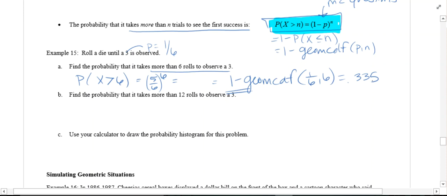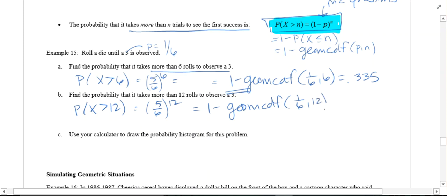All right, and then find the probability it takes more than 12 rolls to observe a 3. Okay, so very same thing. If it's going to take more than 12 rolls, I must have had 12 failures. So it's going to be 5/6 to the 12th power, which is the same thing as 1 minus geometric CDF, probability of success, so 1/6, and I'm having my success happen at the 12th.